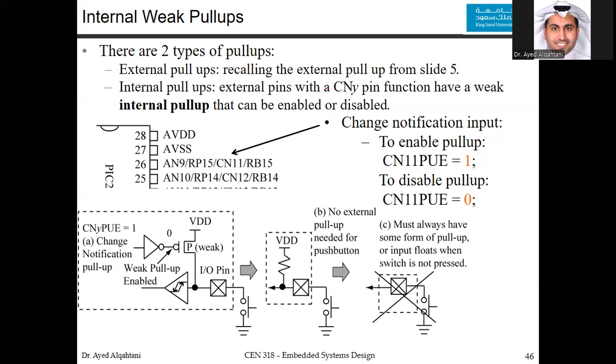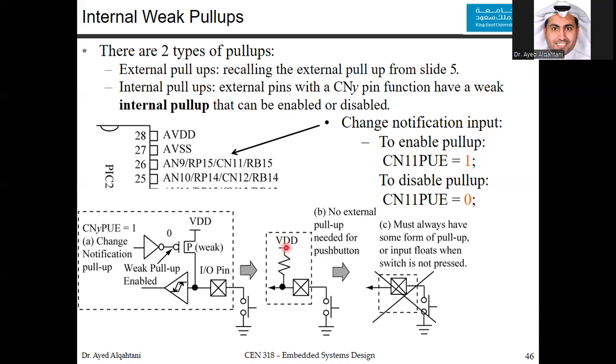They are on a pin with the CN, or the change notification pin. It has a weak internal pull-up that could be enabled or disabled. Meaning, instead of having an external pull-up connected to VDD, what you could do is have a switch, this switch, and enable the weak pull-up.